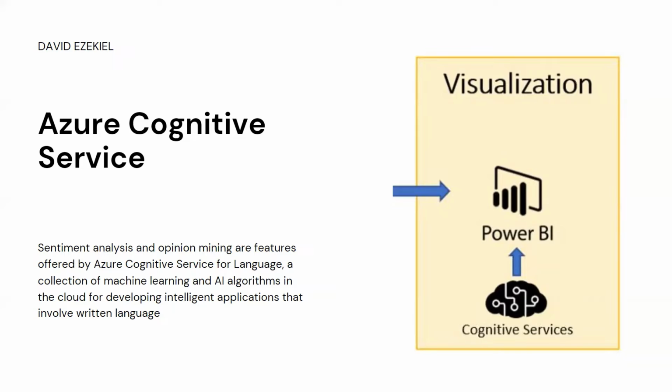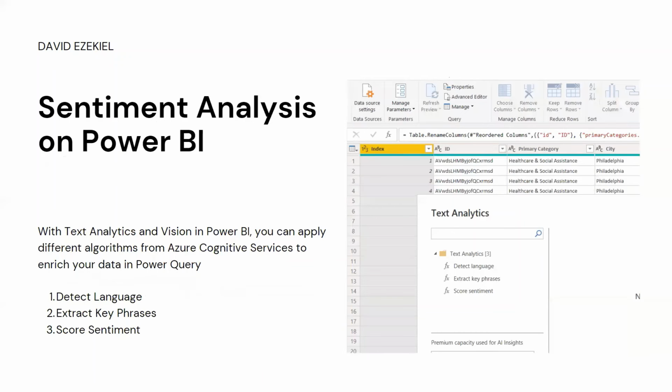For things that have to do with text and messages, you can use Azure Cognitive Services to do this. And this is actually what powers the Power BI text analyzer. In Power BI, you have the text analyzer icon.